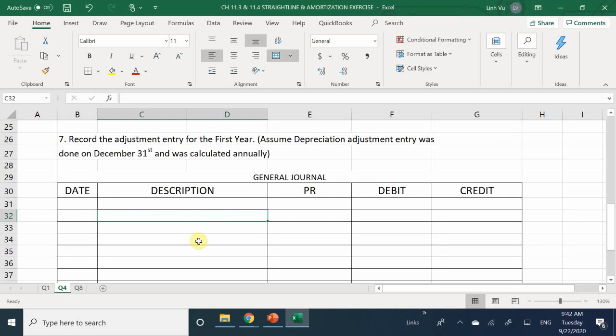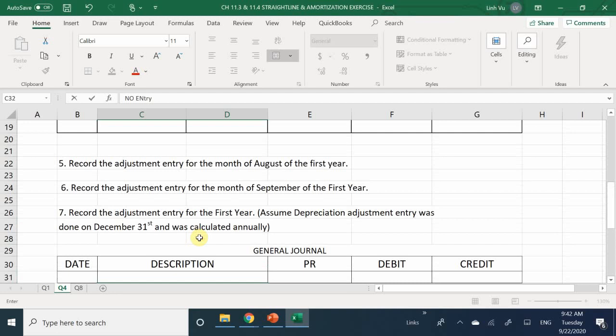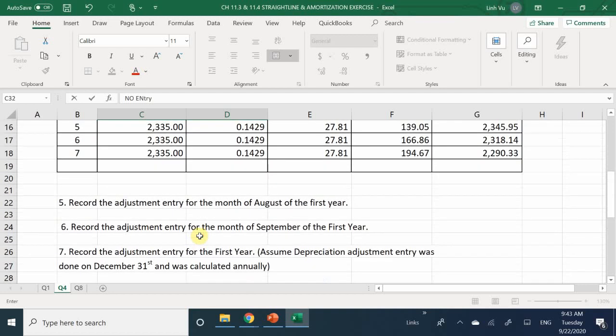So I'm going to go ahead and place no entry here. Okay, and this is for, but your question there is of the year. So does that mean we have to calculate basically? Well, look at this.